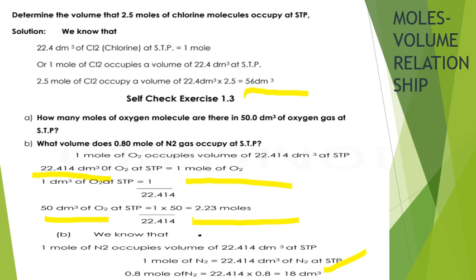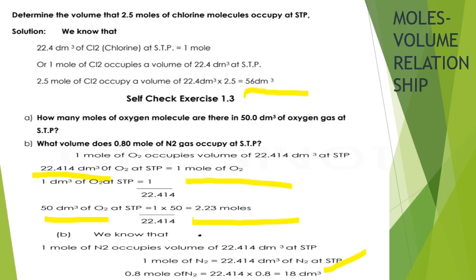This is a simple numerical. Right? Now another self check is mentioned here: how many moles of oxygen molecules are there in 50 dm³ of oxygen gas at STP? How many moles of oxygen? You will ask what you have to determine. Again, make up the relationship you are familiar with, that 1 mole equals 22.414 dm³.